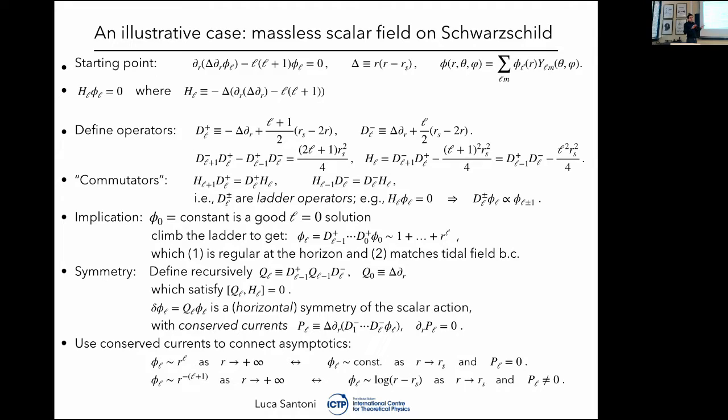We are interested in static perturbations. Let me define this combination here, delta, for simplicity. And the equation of motion, the Klein-Gordon equation in Schwarzschild spacetime, can now be written in this compact form, and we can define this as a sort of Hamiltonian. Now you can do the following: define these two operators that I denote with the plus and the minus.